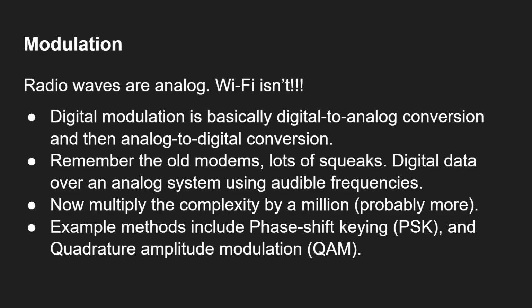Now, modern day modulation is way more complex than that. You can multiply that complexity by 1 million or probably even more. Now, there are different ways of modulating the signal to carry that digital information. Phase shift keying, PSK, both in its binary method and other methods, are used by Wi-Fi, and so is QAM. So let's just talk a little bit about QAM for a second.